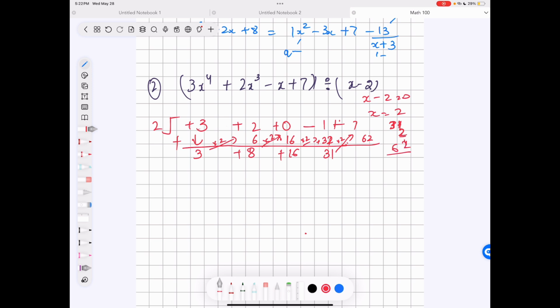Plus 7, we get plus 69. And this here is going to be the remainder. The last term is always the remainder.